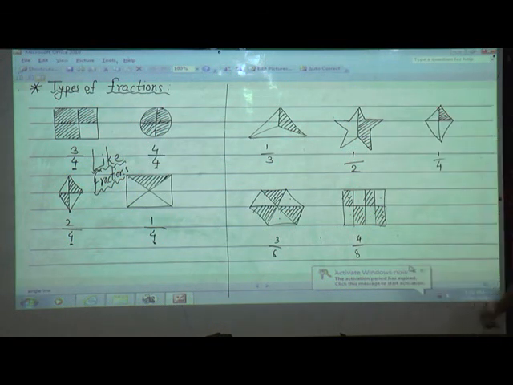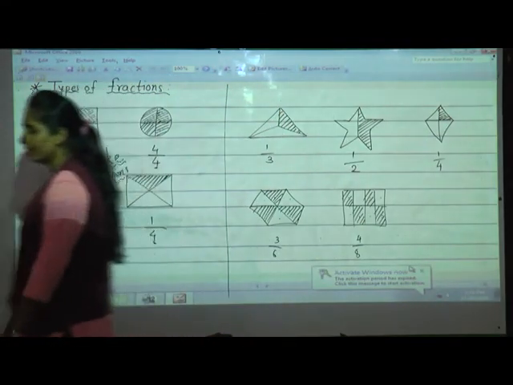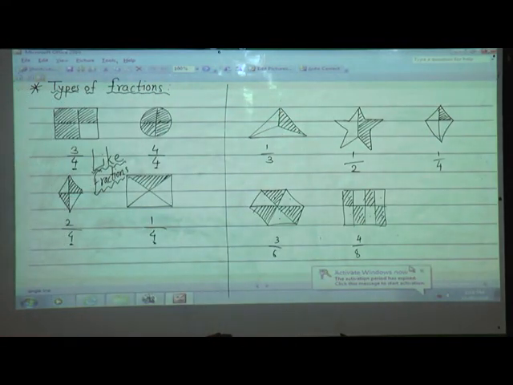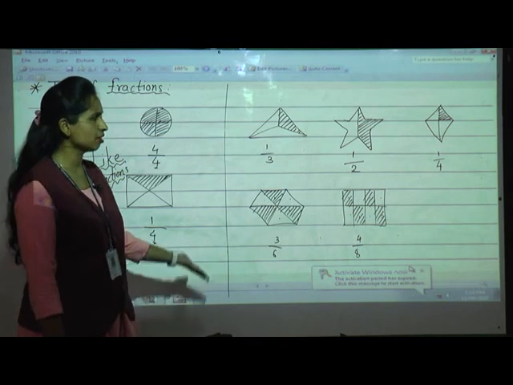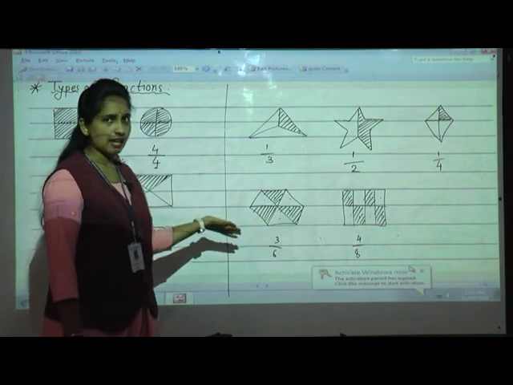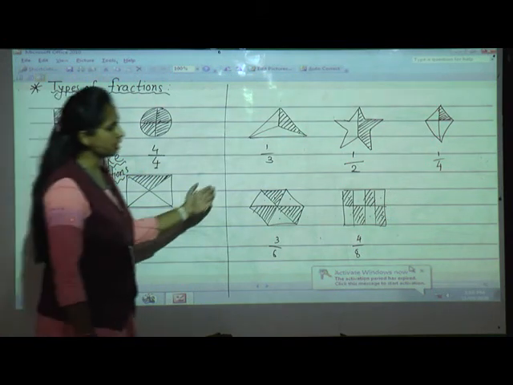Now what can you see in these fractions? Just observe these fractions. Can you observe any similarity in these fractions? In the earlier examples, all the denominators were the same. But what about all these fractions?